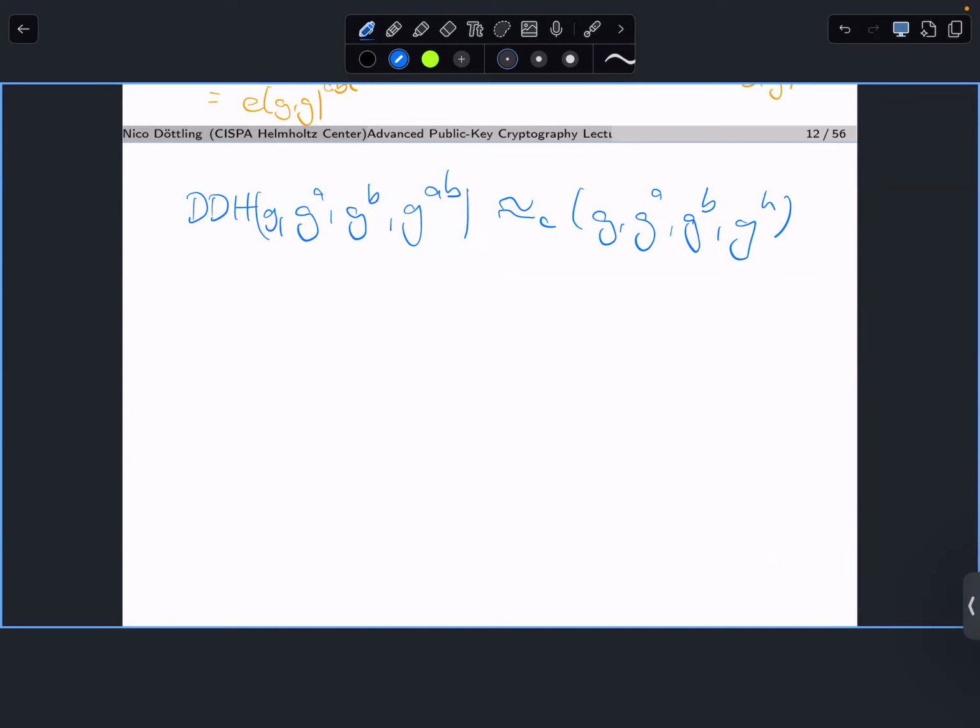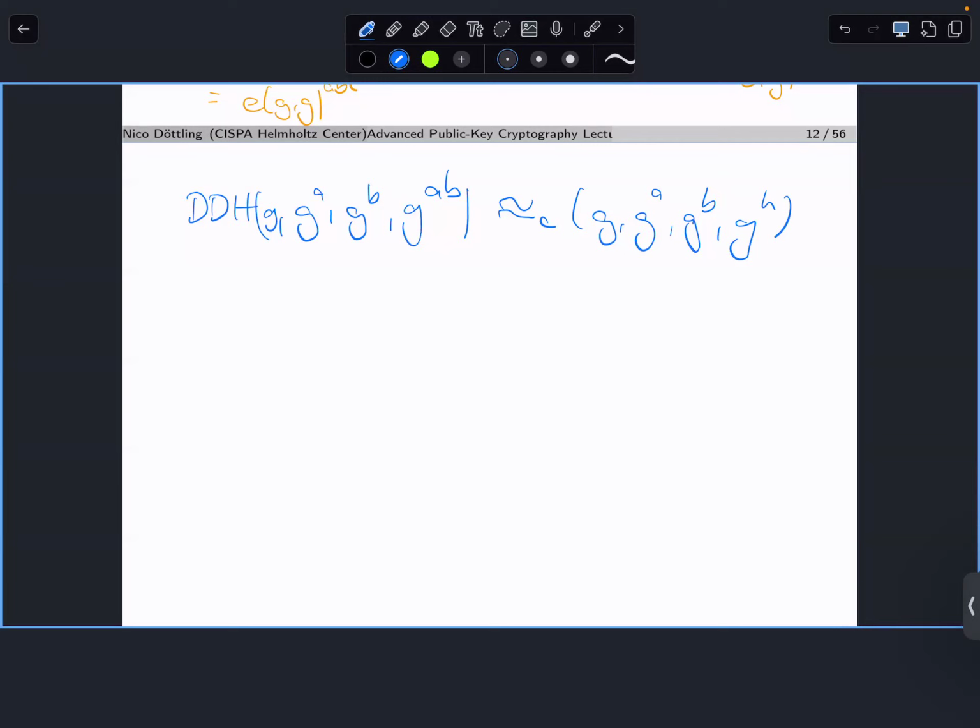This is precisely the security of Diffie-Hellman key exchange made as an assumption. The decisional Diffie-Hellman assumption is just saying that we assume that keys produced by the basic Diffie-Hellman key exchange protocol look uniform to someone who just sees G to the A and G to the B. It's assuming security of this protocol.